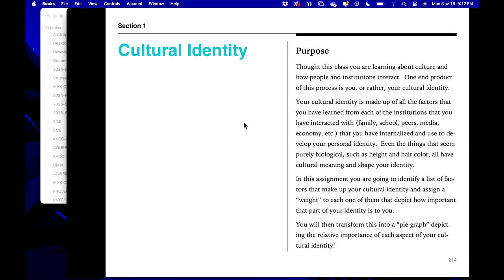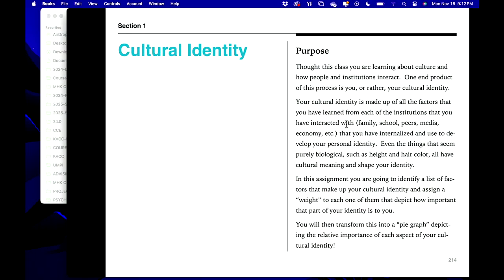There's all kinds of psychological stuff that constructs our identity, but we're simply going to be looking at the sociological things, or social psych kind of areas. So what I want you to do is take a look at the course book right now. I explained it way better there than I'm going to make up right now.